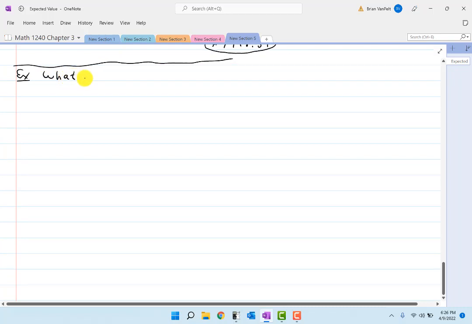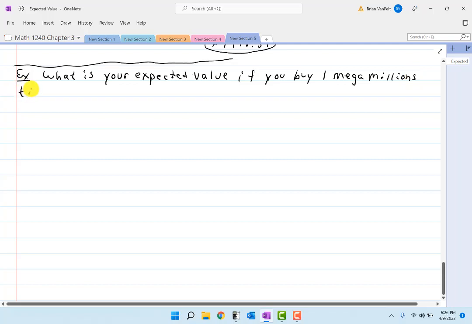What is your expected value if you buy one Mega Millions ticket when the jackpot is $1 million?